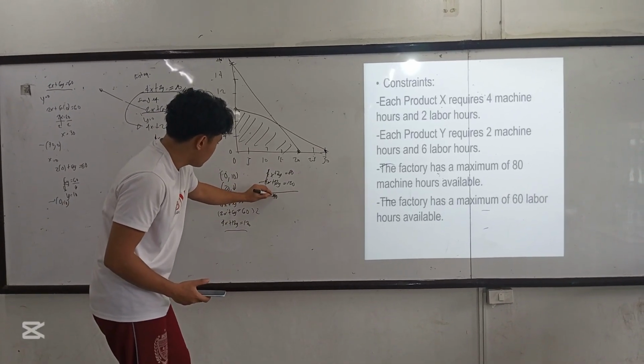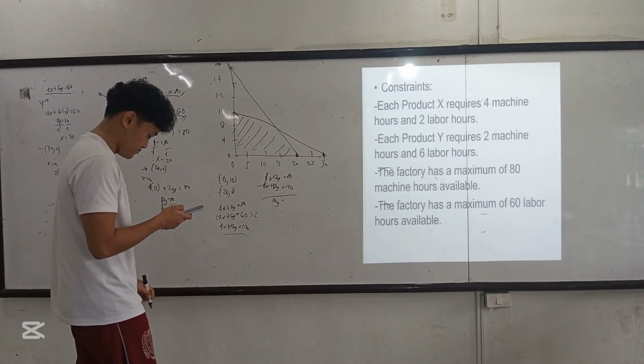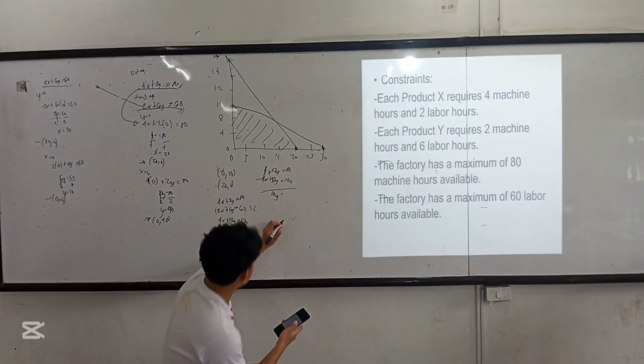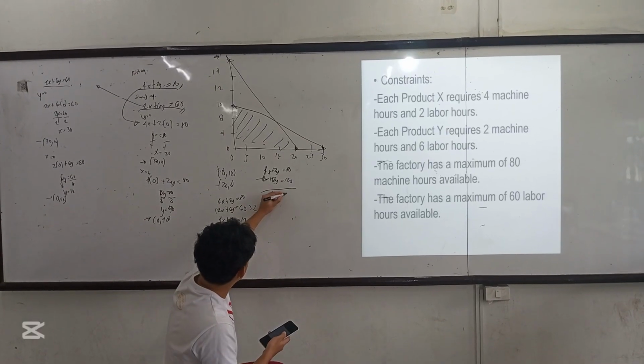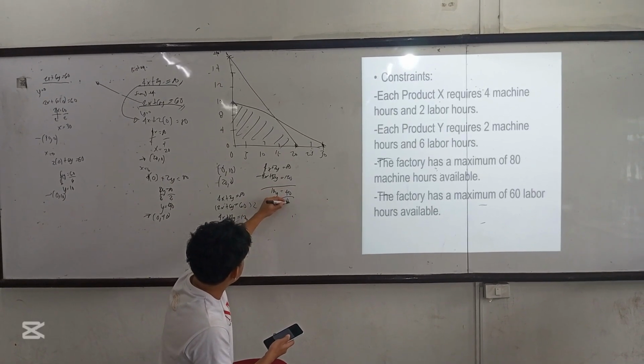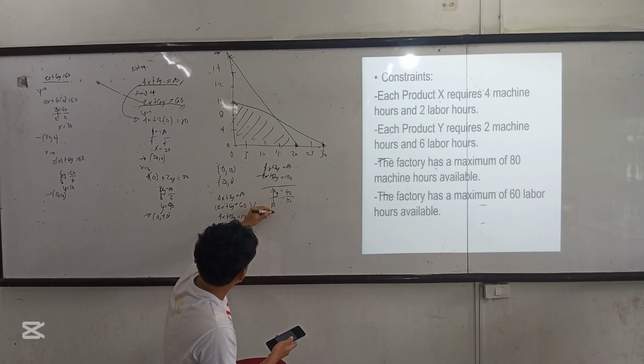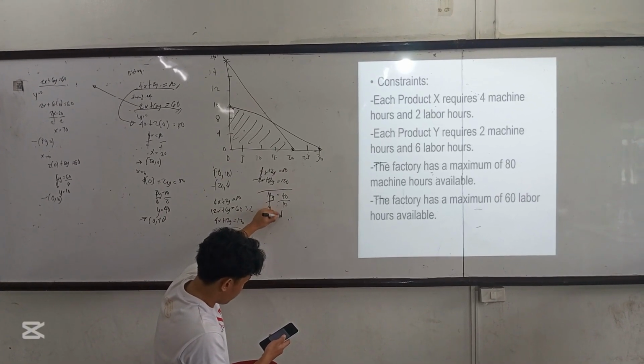So 10y is equal to 40. Dividing by 10, y is equal to 4.